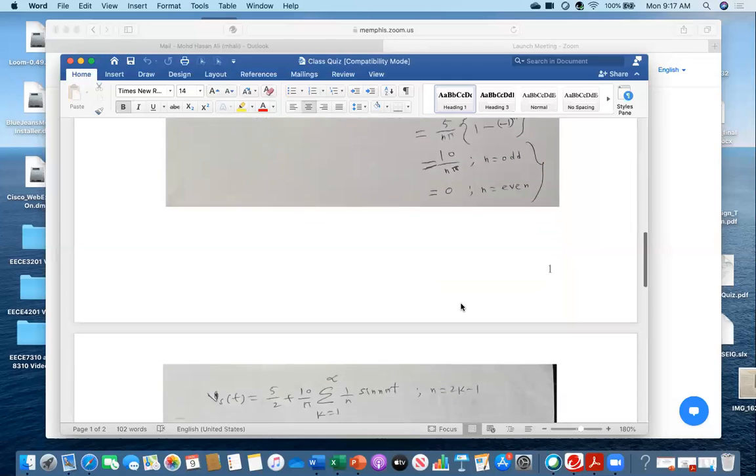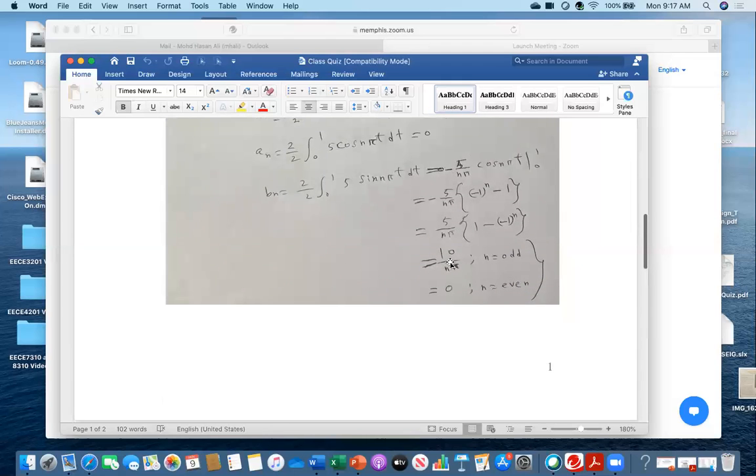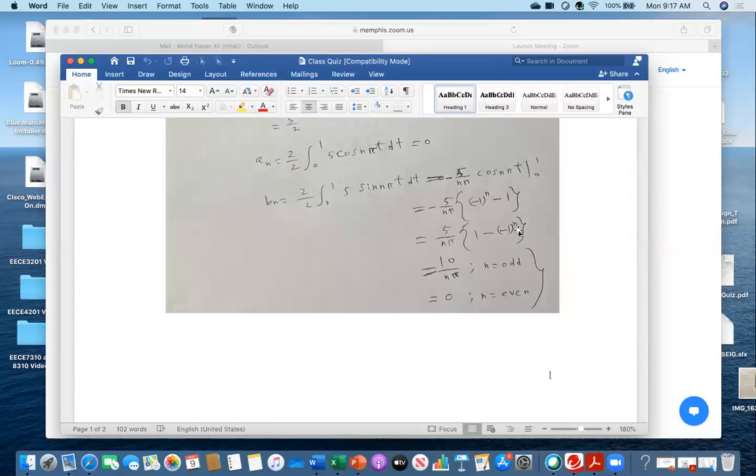Okay, so after that you see, because you will be getting 10 over n pi only when n is what? Odd. Yes, not for an even, because if you look at this one, if n value is 0, 2, 4, then always you'll be getting plus on here. So 1 minus 1, that will be 0.